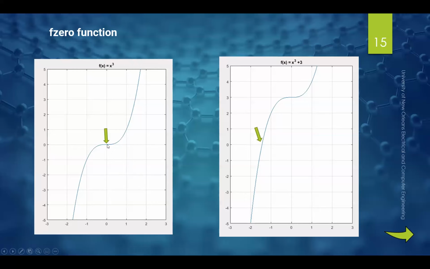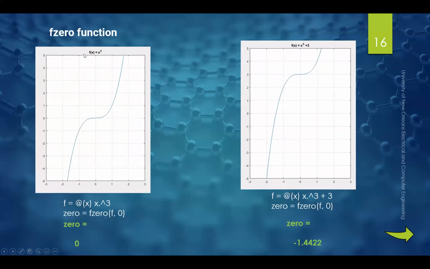In the first case, it's almost obvious that the function is going to cross 0 at 0. The second case is not that obvious where exactly that point is going to be. So we're going to do a little commands to find out where those zeros are located using the fzero function.